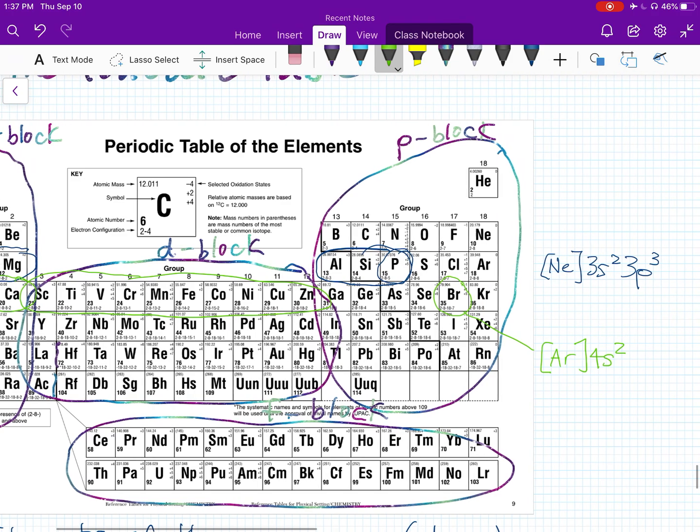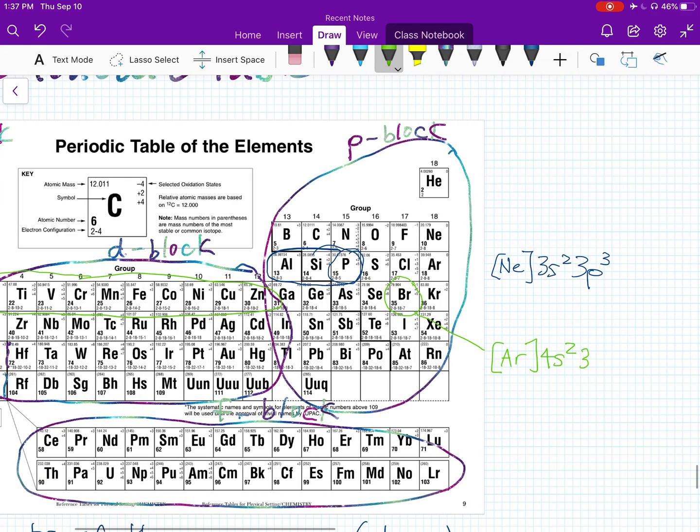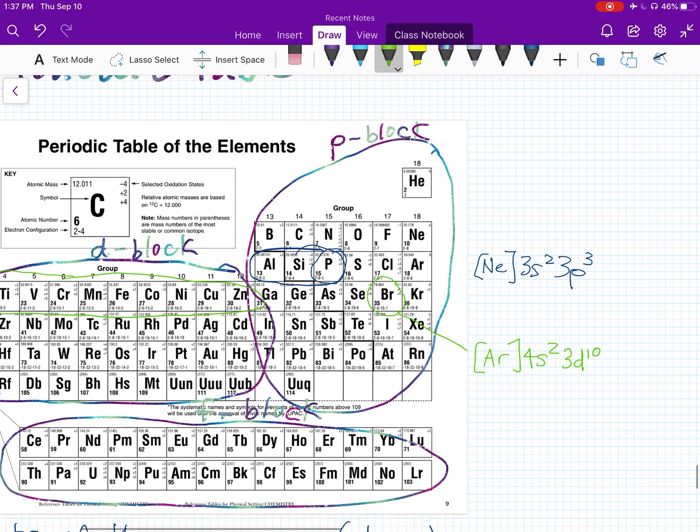Remember, 4s fills before 3d, so 3d10, and then 4p, 1, 2, 3, 4, 5. So this would be the electron configuration for bromine. So you can use the periodic table to write down electron configurations for any element.